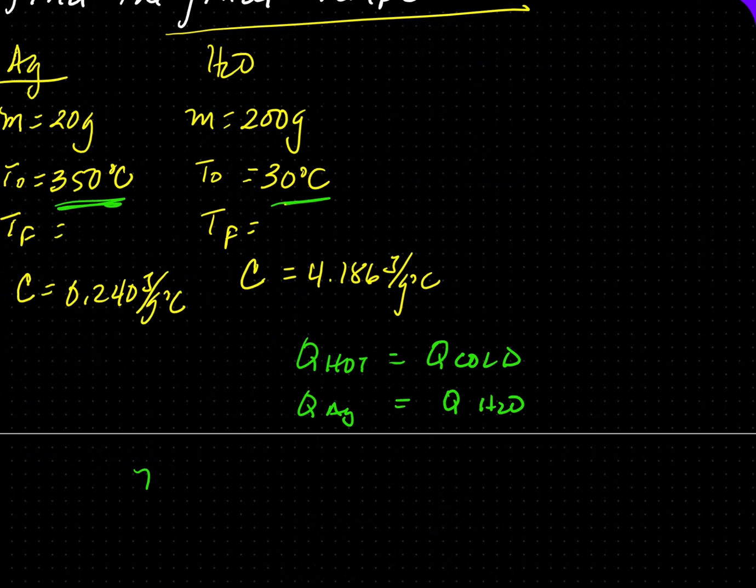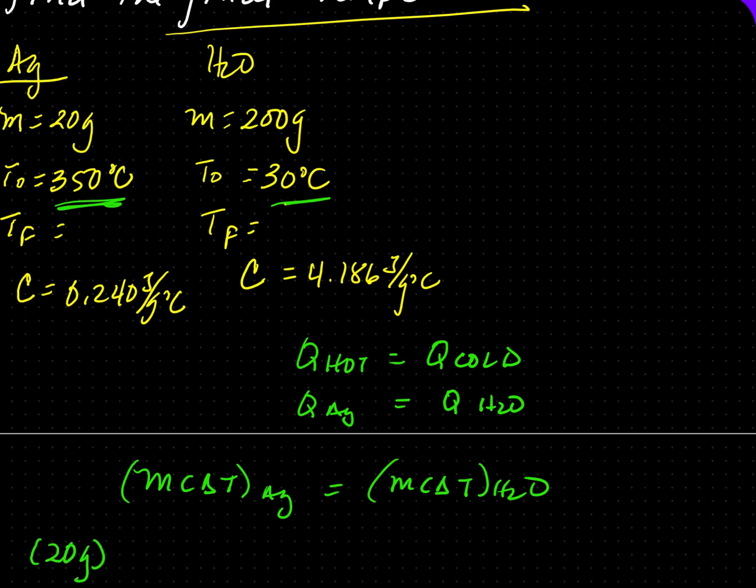So this is going to be MC delta T of silver equals to MC delta T of the water. The mass of silver is 20 grams. My constant is 0.240 joules per gram degrees Celsius. Since silver is my hot, we're not going to use T final minus T initial.